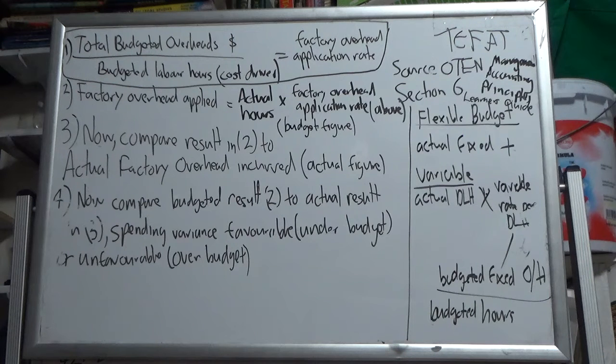So you compare the two figures, which is the capacity at both your actual level and your capacity in actual results. Now remember that capacity is found by actual hours multiplied by that rate in step 1, which is budgeted fixed factory overhead divided by budgeted direct labour hours, right?